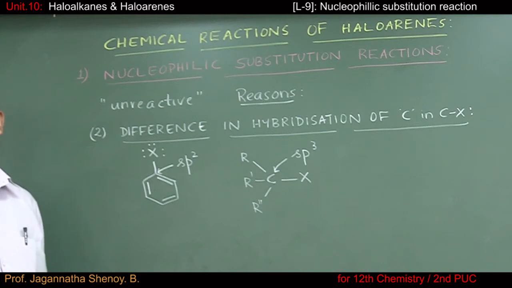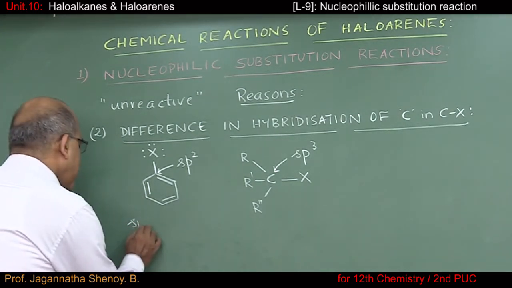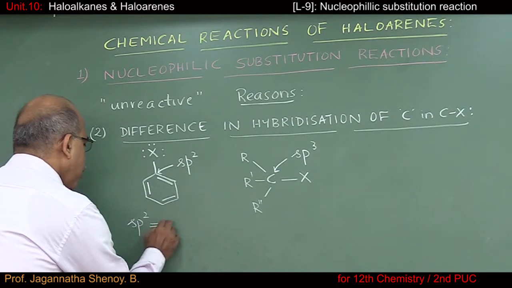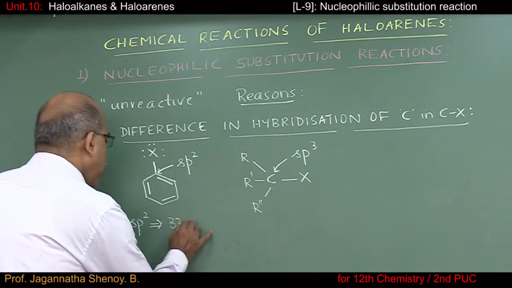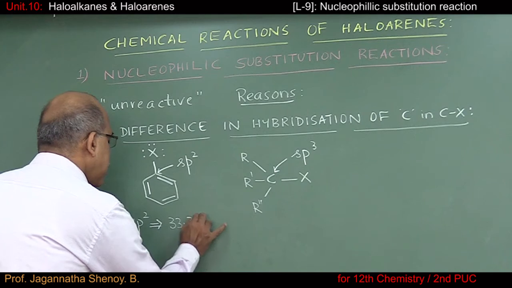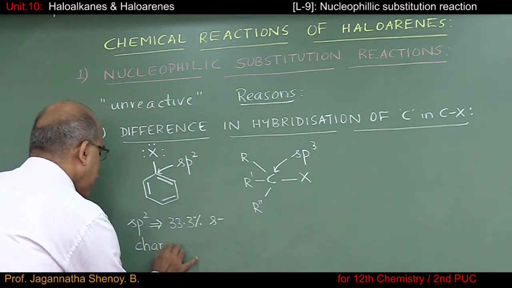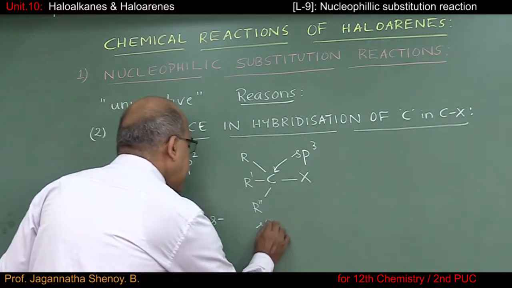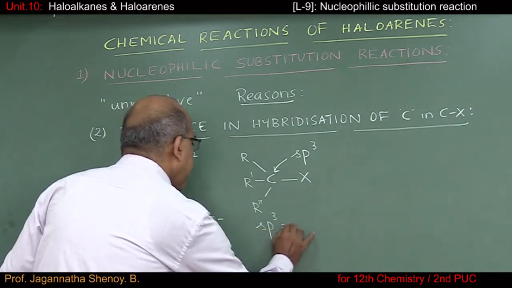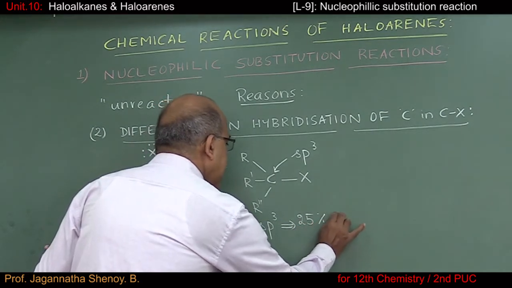the type of hybridization. When I consider sp2 hybridization, you know that it has 33.3% s character, whereas in sp3 hybridization, we have 25% s character.